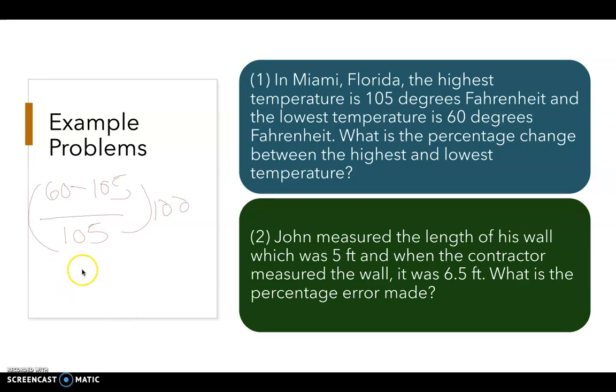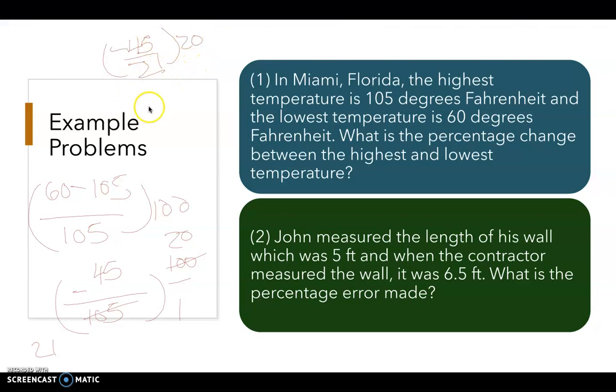Okay? So that means I'm going to get negative 45 over 105 multiplied by 100 over 1. So if I take that out, this will be 20, this will be 21. So that means I get negative 45 over 21 times 20.